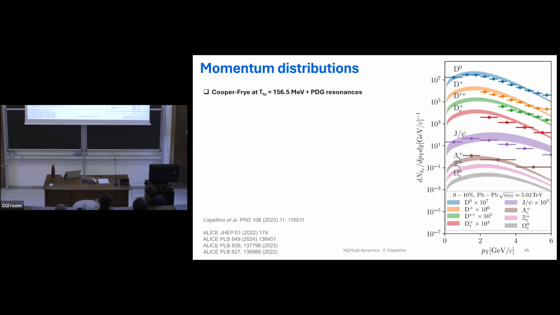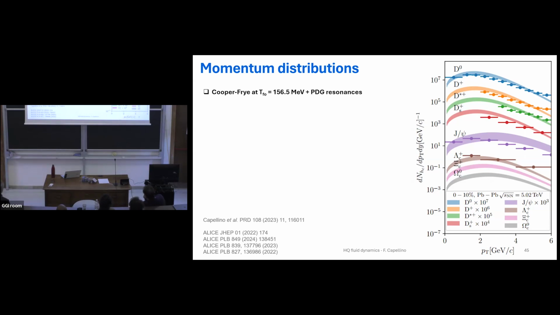In the next slide, you will see something that resembles an error bar. This is a plot that shows the transverse momentum distributions for several hadrons as a function of pT, in this case already with resonance decays.